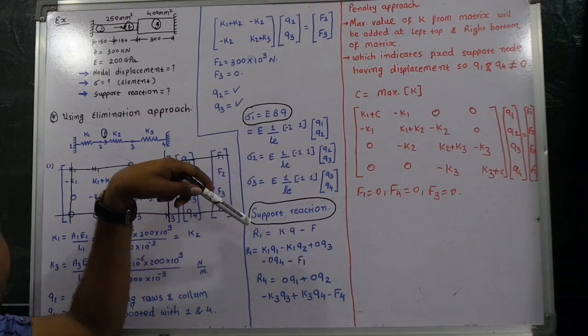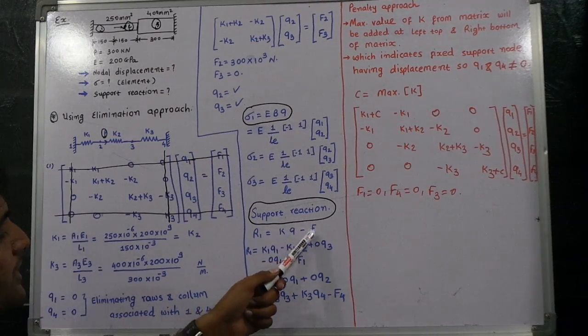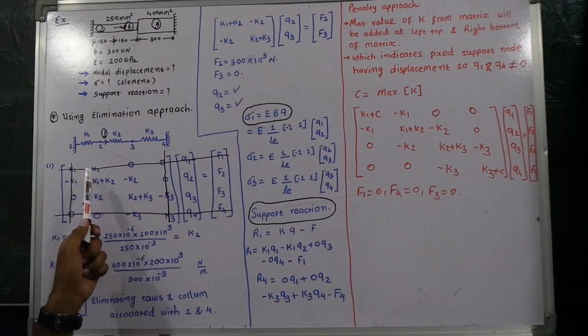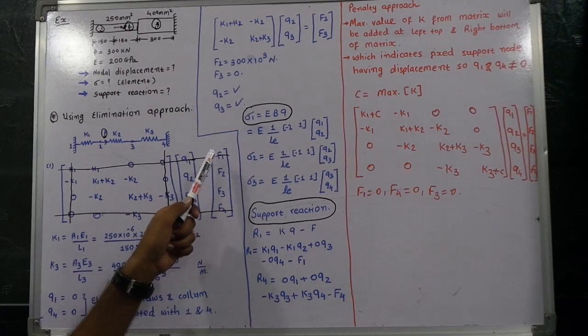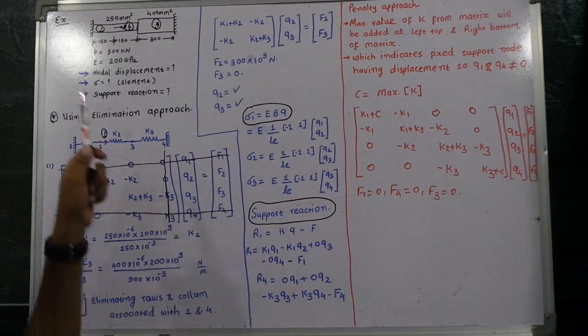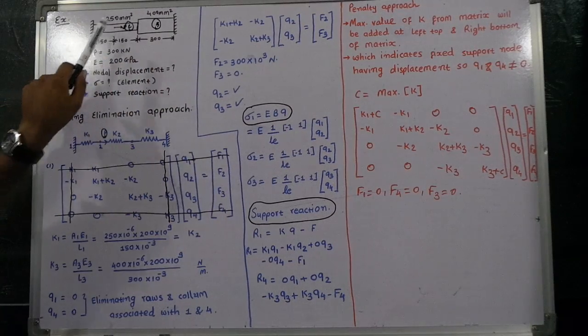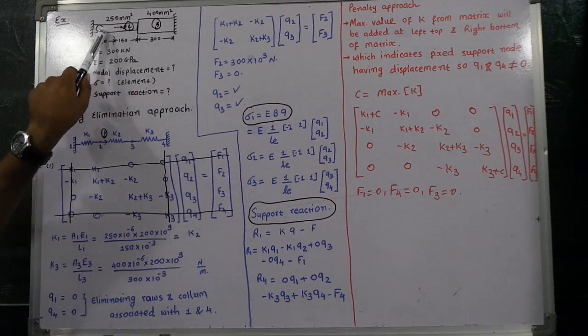Support reaction. In order to find out the support reaction, what we need to do is find KQ minus F, meaning K1 into Q1 plus K2 minus K1 into Q2 plus 0 into Q3 plus 0 into Q4 is equal to R1. The support reaction would be at the fixed support. There are reactions acting at the fixed support because the force is pulling the element in this direction.